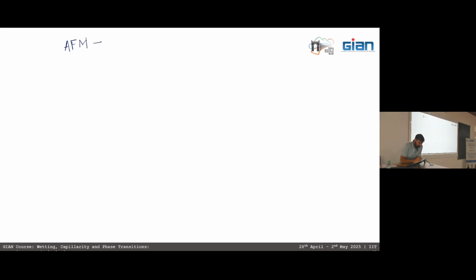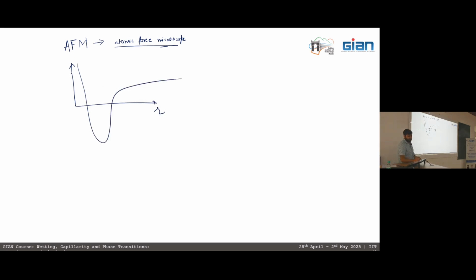So AFM is also called the atomic force microscope. And as I mentioned earlier, it works on the principle that we have a very thin tip, and that tip raster scans onto the surface, and we know that as the distance becomes very small, the force of repulsion becomes very strong.